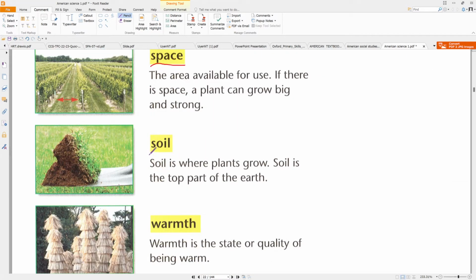So the next one is soil. What is soil? Soil is where plants grow. Soil is the top part of the earth. Soil is very good for plants because it's just like a home of the plant.